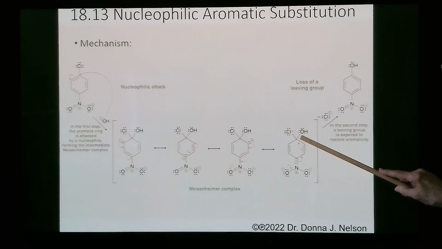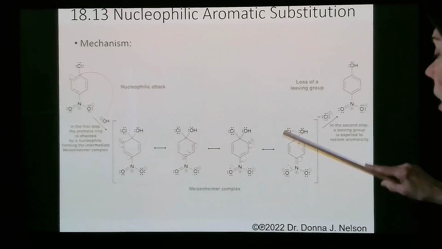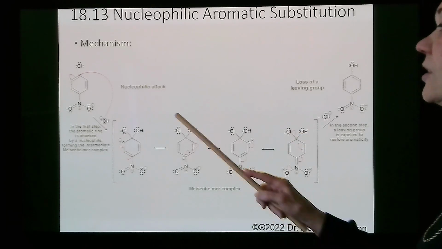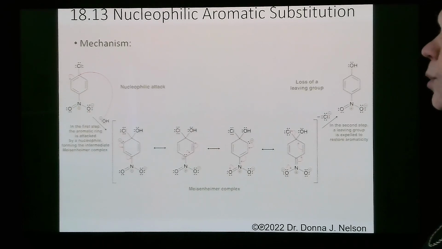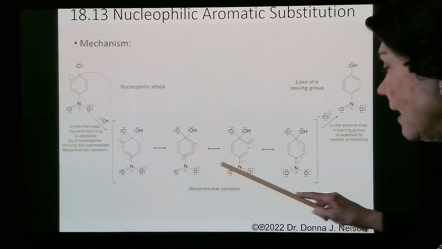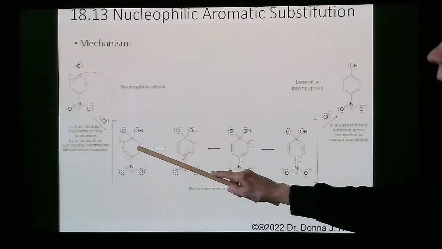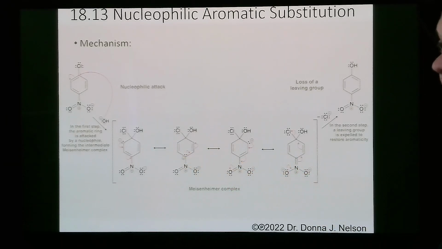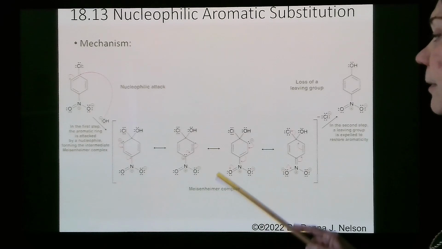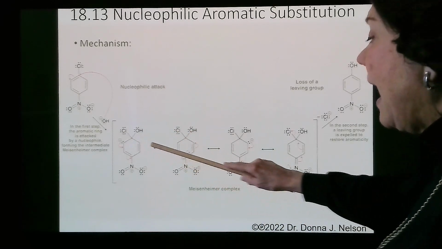And then in the last step, the halide is lost. So this is somewhat analogous to the steps that you saw in the electrophilic aromatic substitution, where a cation was obtained in a sigma complex. This, notice, is an anion.